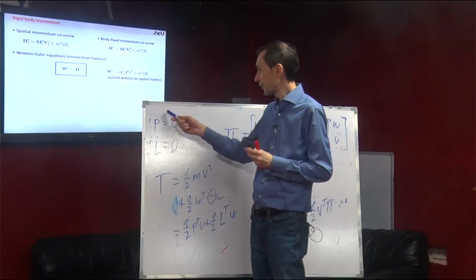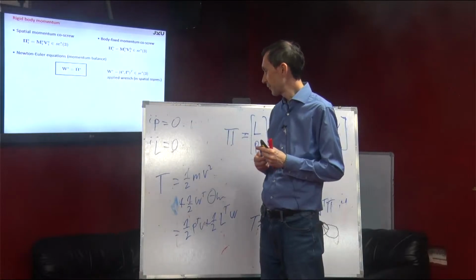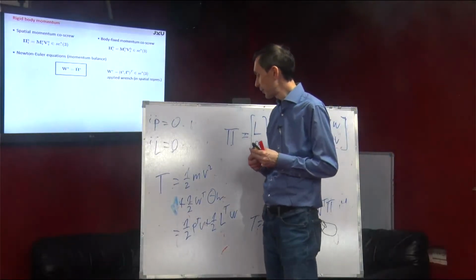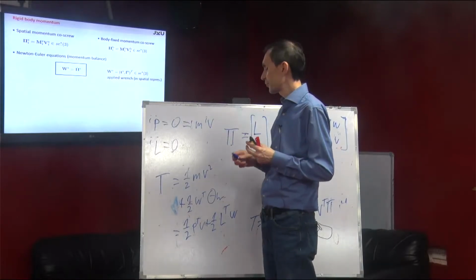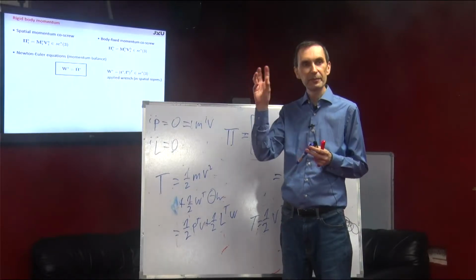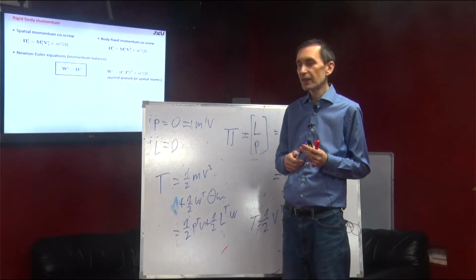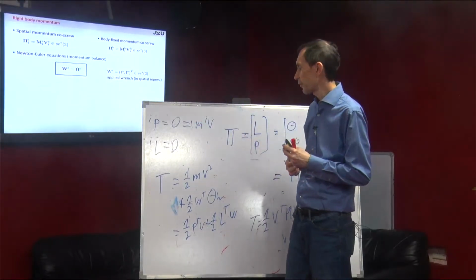Now, if you're working in coordinates, p is m times v, so let's say I have the velocity expressed in a body frame, in a moving frame. Is it still correct? No, it's not.